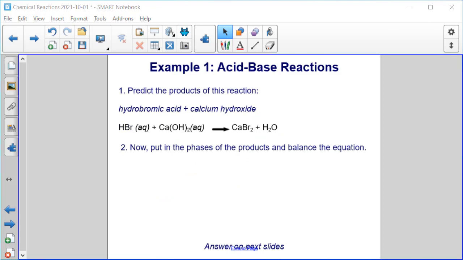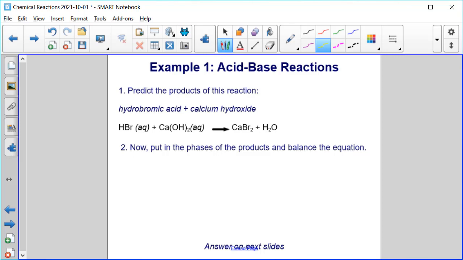Okay, so what we see right here is exactly what we wrote down on our previous slide. Number 2, though, says put the phases of the products and balance the equation. We know that water is a liquid and calcium bromide is soluble, so it would be aqueous.